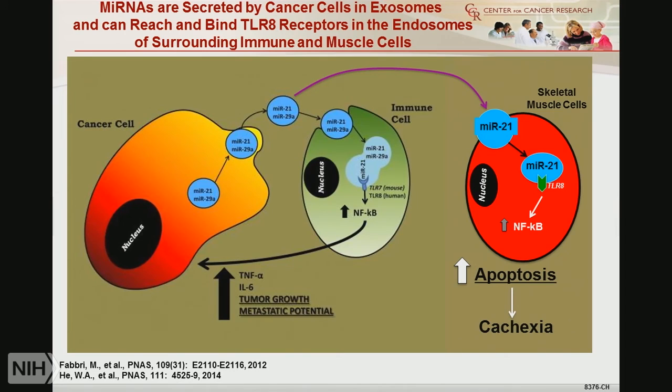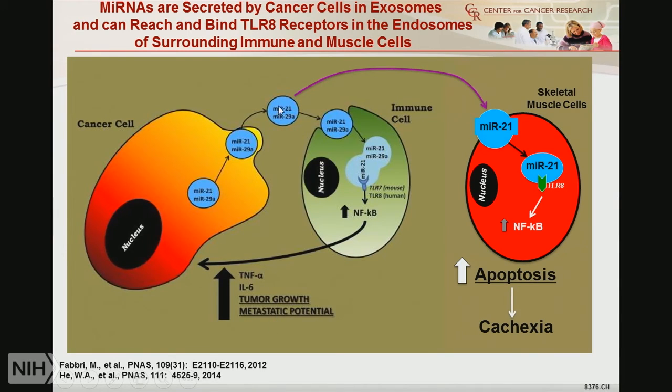They're very small, but they're secreted by, if you want to use that word, by cancer cells and many other cells too. And these pockets of exosomes can fuse then with macrophages and lead to, in this case, miR-21 activating the NF-kappa B pathway to produce IL-6 and TNF-alpha, and perhaps tumor growth, metastatic potential.